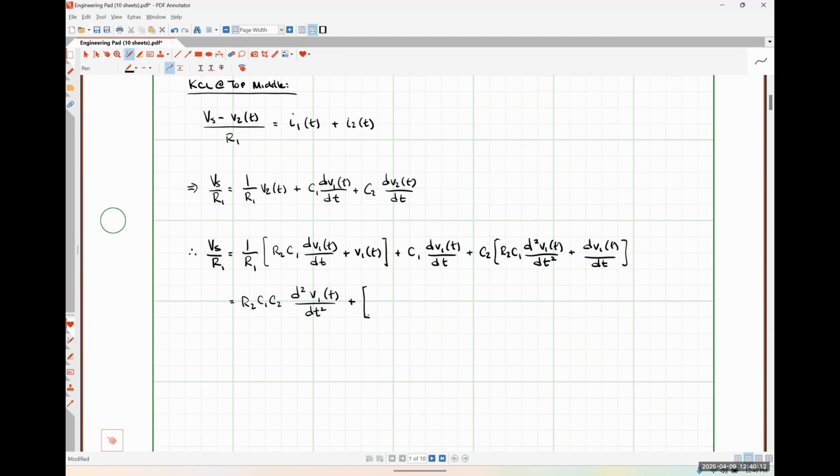Now I'm going to put all my first derivative terms. So from that very first expression up above, we would have an R2 over R1 times C1. From that middle term, I'm just going to have another C1. And from the right-hand term, I'm just going to have a C2.